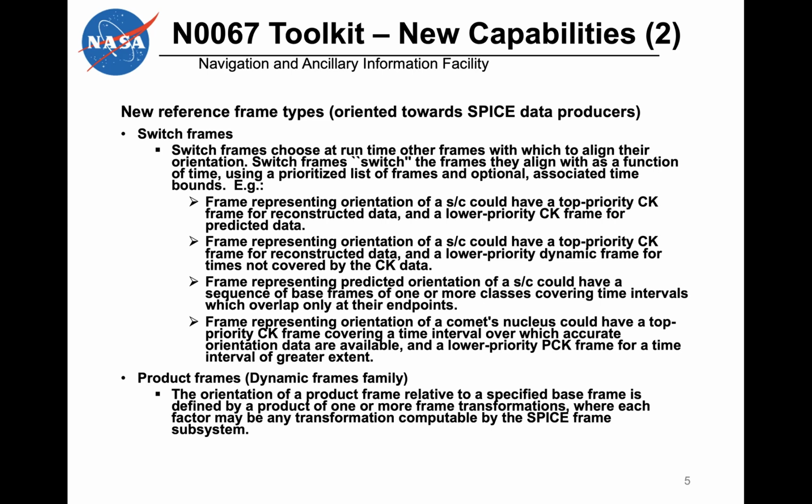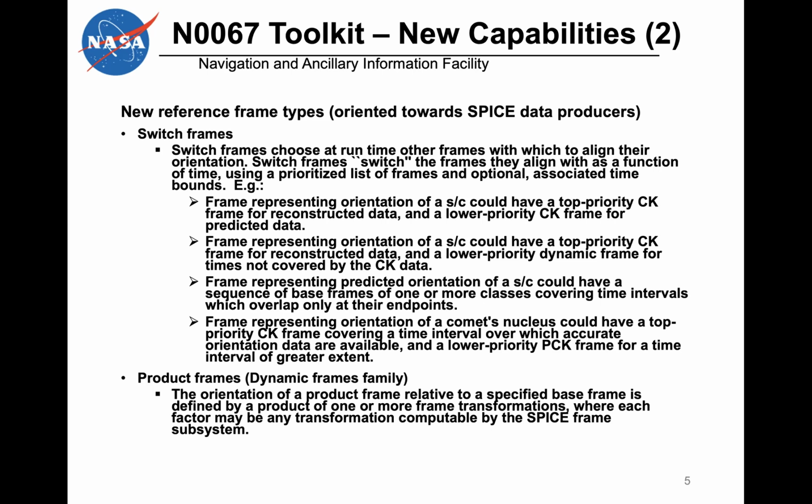This would require 2 spacecraft clocks and some cumbersome definitions in the frames kernel. This is the case, for example, for ExoMars 2016 TGO, which implemented this workaround. And now this provides a much cleaner solution in which you simply have 2 spacecraft clocks and a CK associated with each, and the user doesn't have to worry about this.